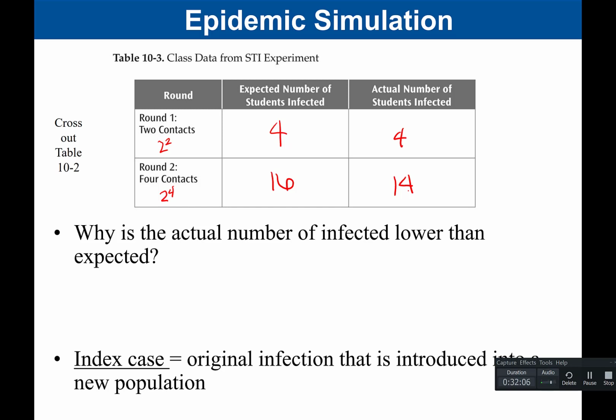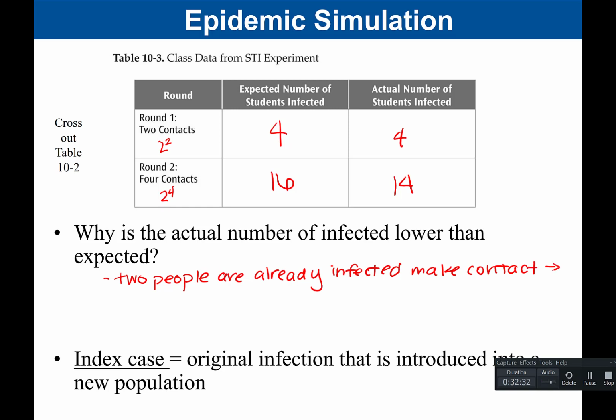One reason that the actual might not match the expected is that 2 people who are already infected make contact, and this does not result in a new case.